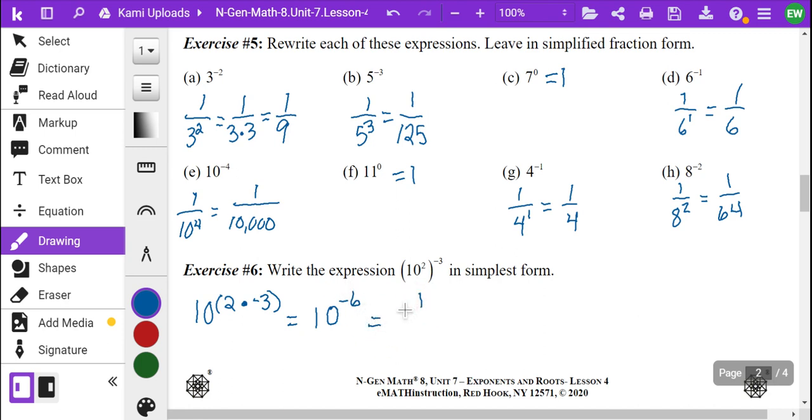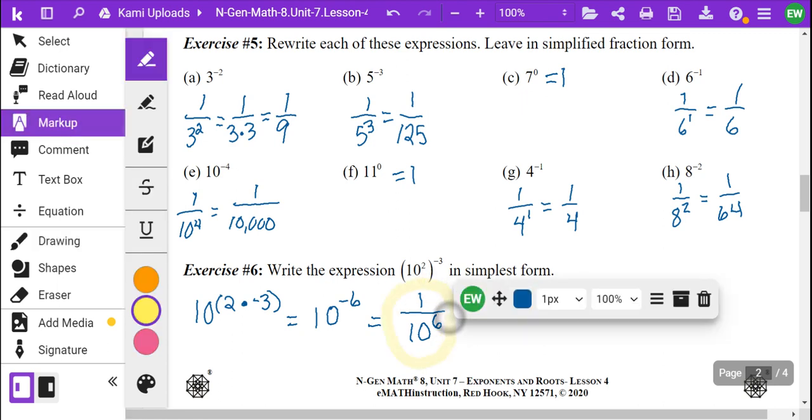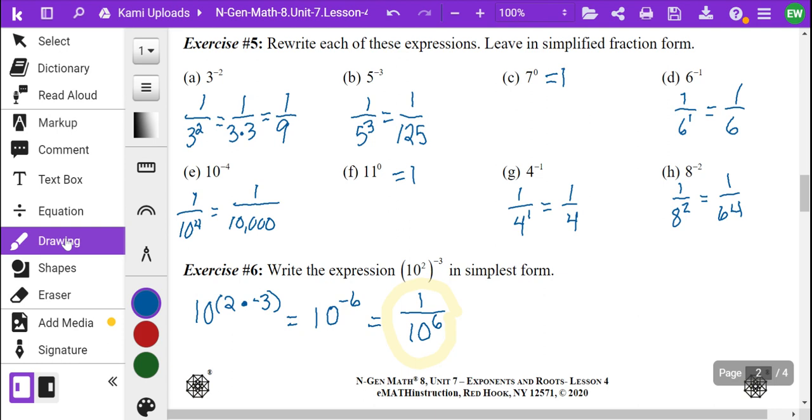Now you can write it as 1 over 10 to the 6. So when you're dealing with variables, you're going to leave it in this form. Okay? But when you're dealing with whole numbers, or if they're asking you to write it all the way out, for the most part, you are going to leave your answers in that exponential form.